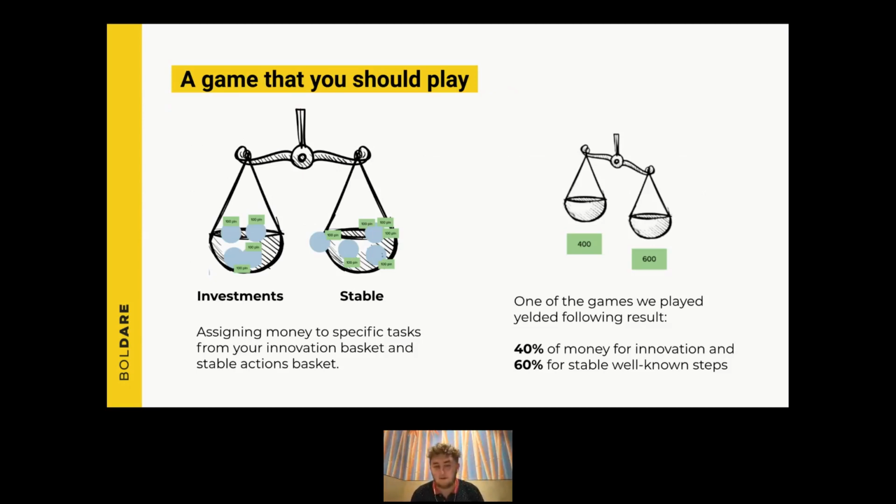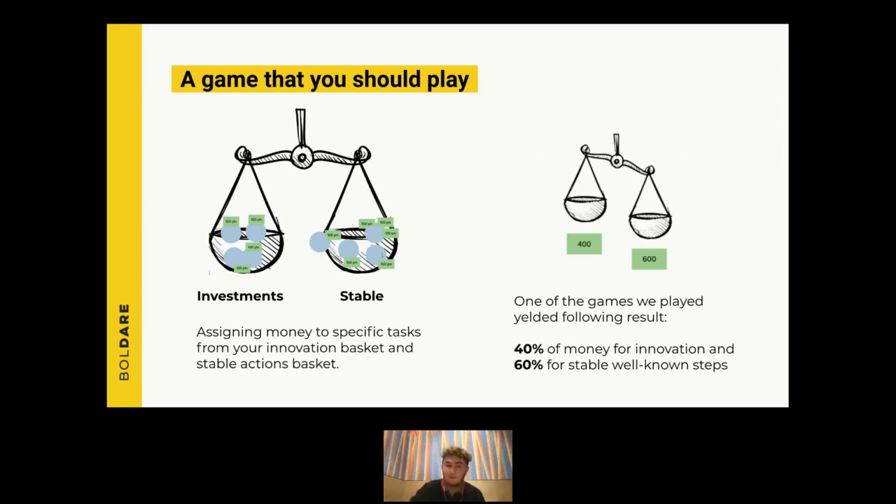And it's an investments game. You have your investments that are maybe more brave, and you also have stable, well-known investments that you want to keep and feel comfortable with because they yield very predictable results, and which ones you will put money on.